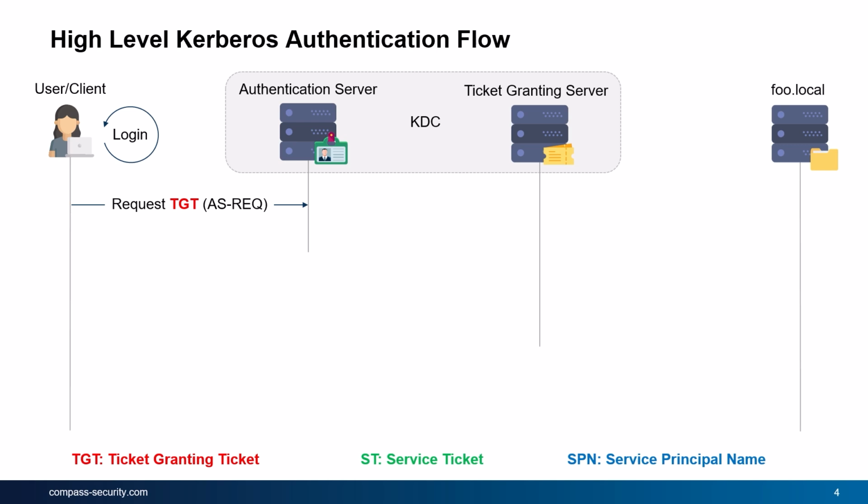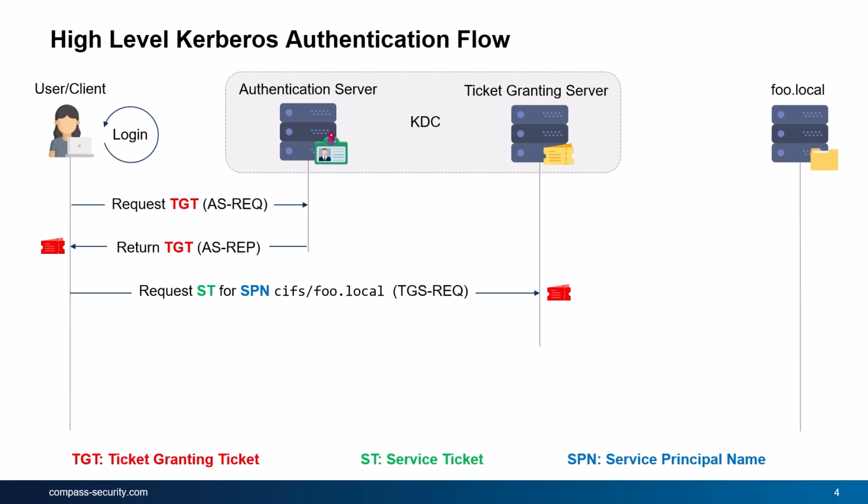If that all goes well, we receive this ticket granting ticket, and with that ticket we can then go to the ticket granting server or service of the KDC and request the specific service ticket to access the file share on foo.local. So we request the service ticket for the specific SPN in question.